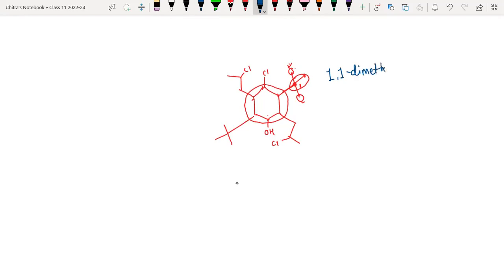Sir, first 4 chloro will come. We'll see. Okay, 1 dimethyl, and here we have 2 carbons. These two are side substituents, and the substituent which is attached directly to the main chain is called the main substituent. So we have to write the name of the side substituent followed by the main substituent. It is 1 dimethyl ethyl.